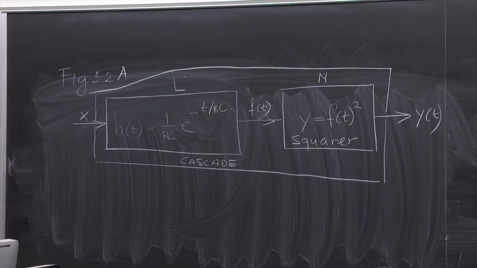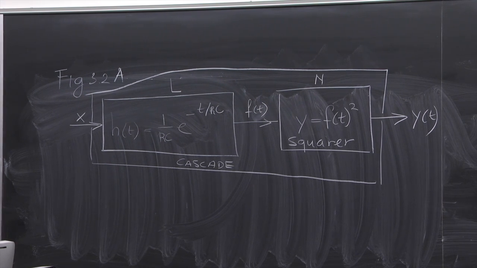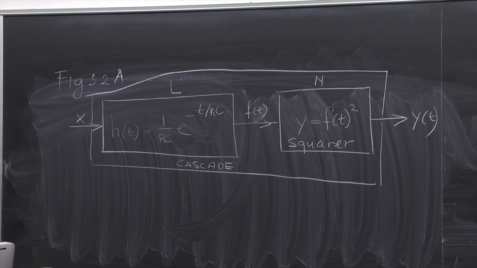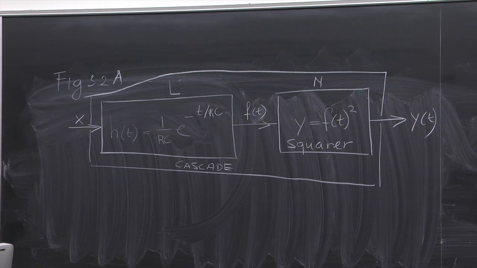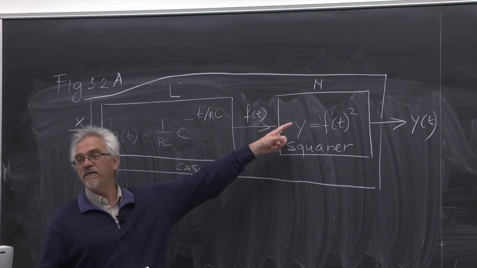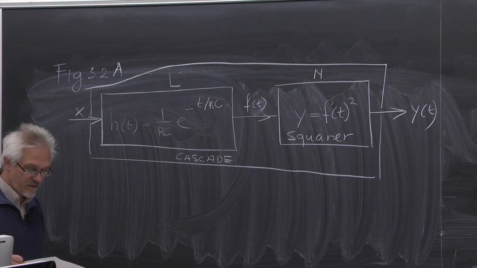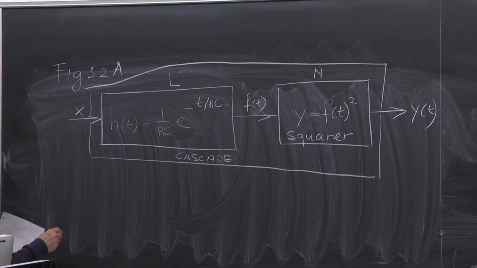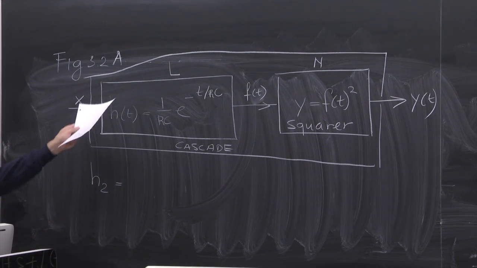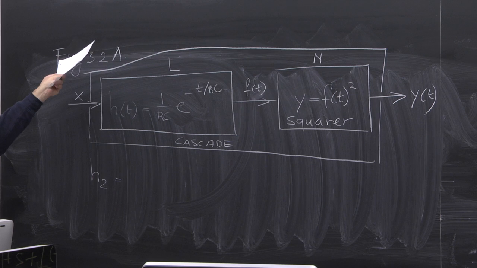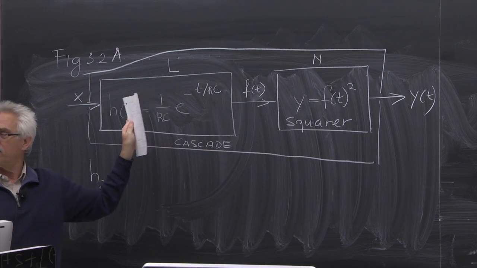Now, we basically know this system. We know what's going on. We know what the dynamic component is, and we know what the static component is, because this again is static. There is no dynamics involved in this. The dynamics is all sitting here. I can easily find out what H2 is actually. And you see there is no zeroth order component here. There is no first order component. There's only one component here. It's a second order component.